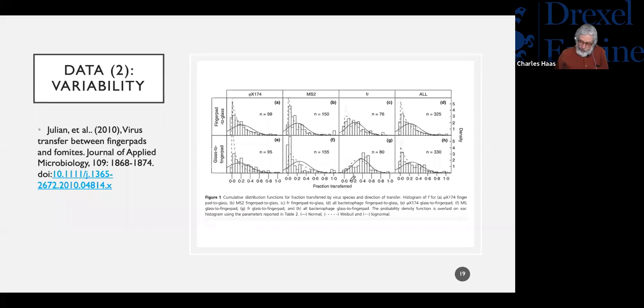The take-home message from this entire very large study is, for all the bacteriophage examined, whether it's transference from glass to finger or finger to glass, roughly 30 to 35 or 40% transference.